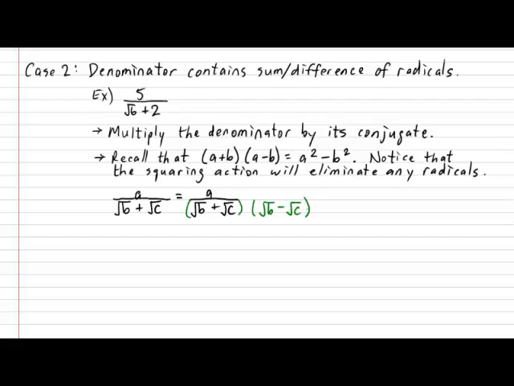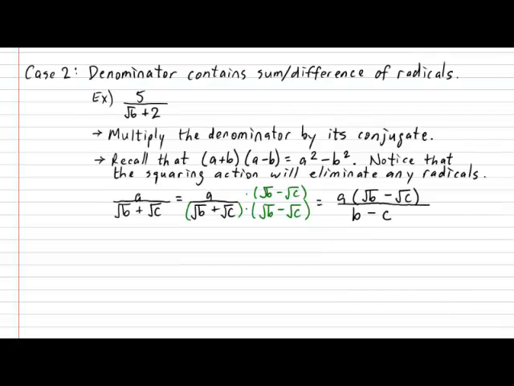Now don't forget, whatever you do to the denominator, you must do to the numerator. So the top must also be multiplied by root b minus root c. And this will result in the following. A multiplied by root b minus root c all over, and here's where the magic happens, b minus c.